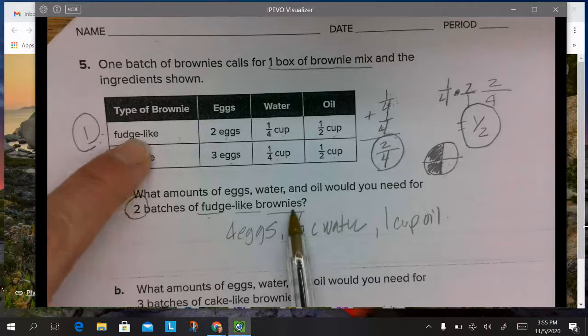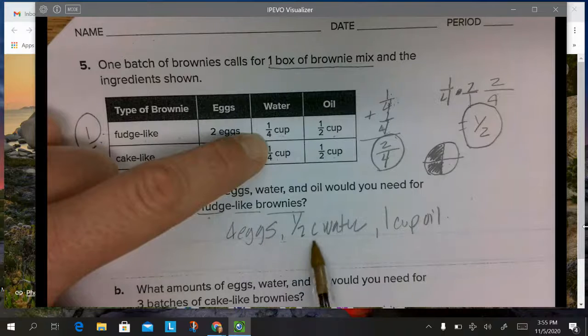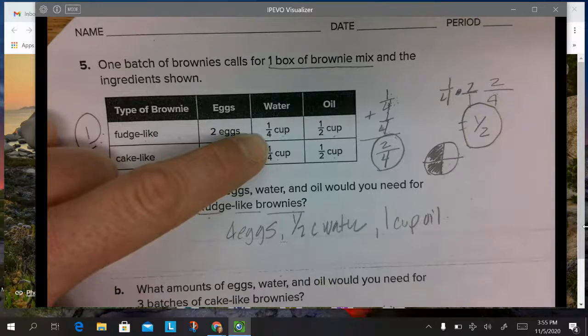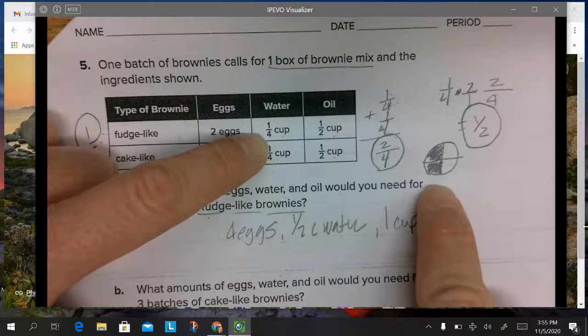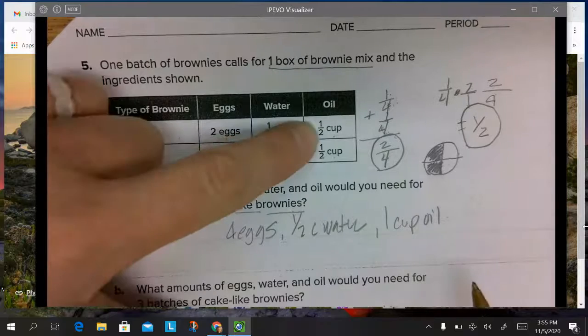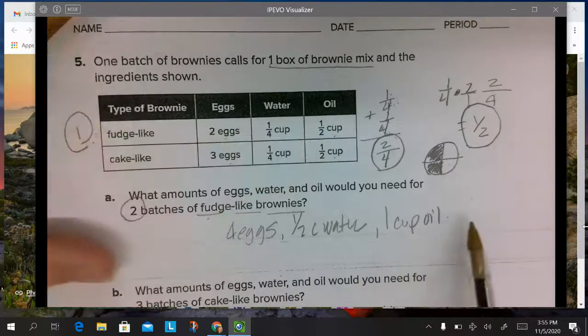So you have fudge-like here, not here. Here, 2 eggs, double it, 4 eggs. 1/4 of a cup. If you double it, it's 1/2. Okay? If you have 1/4 of a cup and you double it, you get 1/2. All right. In the oil, if you have 1/2 and you double it, you get 1 whole.